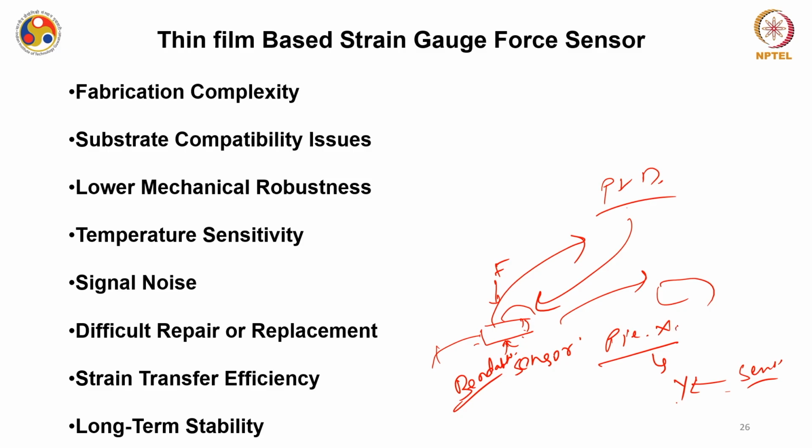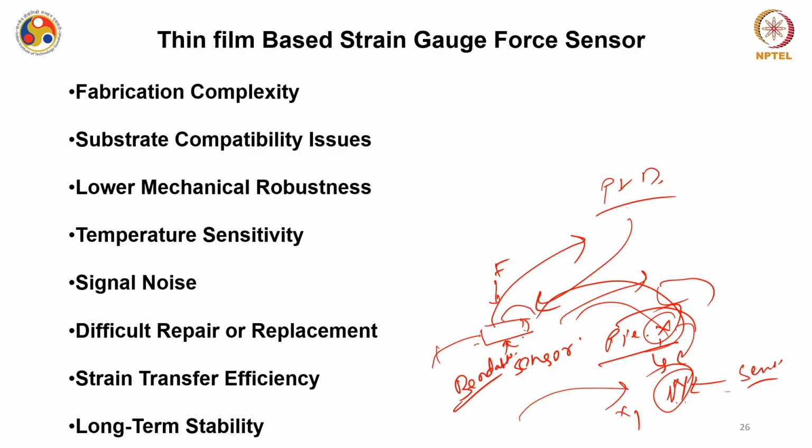Now, the adhesion of X on Y is so good that if by some means X is disturbed or a little bit destroyed, the way forward is you have to remove this X completely, and then again put another layer of X, say X1, at the surface of Y. But in the process, it can happen that when you are removing this X, it may destroy the Y also, or at least the top layer of Y. So, repairing or replacing this kind of device is nearly impossible.